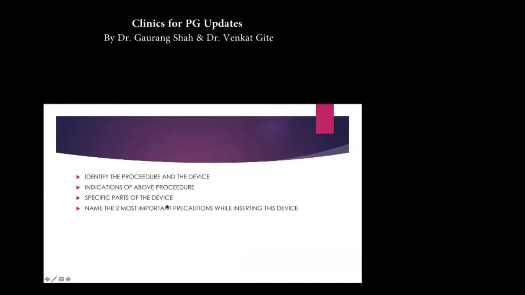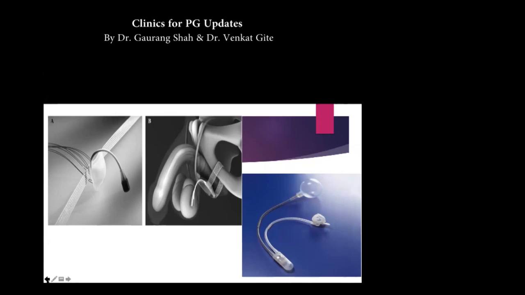Identify the procedure and the device. The first one was a different device, and the second and third ones were the same device. The first one is a sling device, an adjustable transobturator male system, a device for male incontinence.